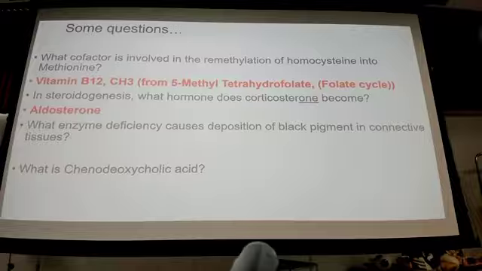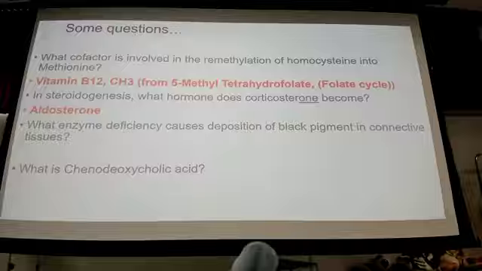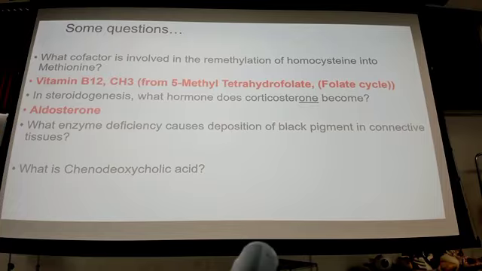What about question number 3? What enzyme deficiency causes black deposition in connective tissues? Tyrosine? What enzyme? But thank you for answering. Do you guys know the condition?